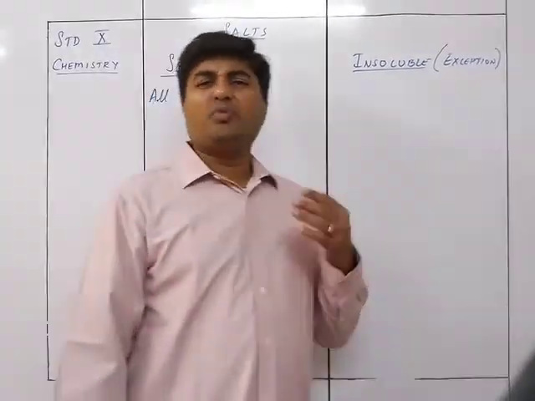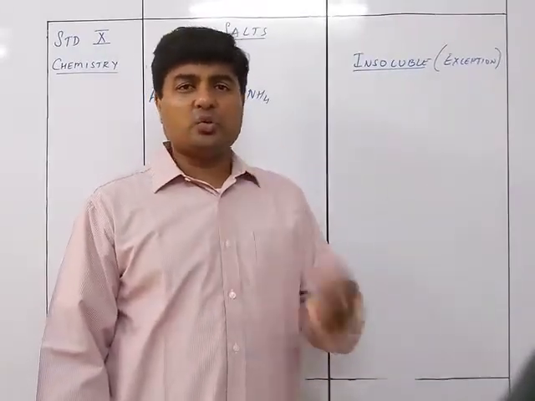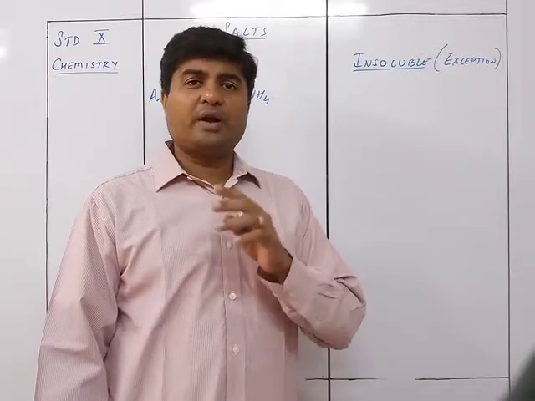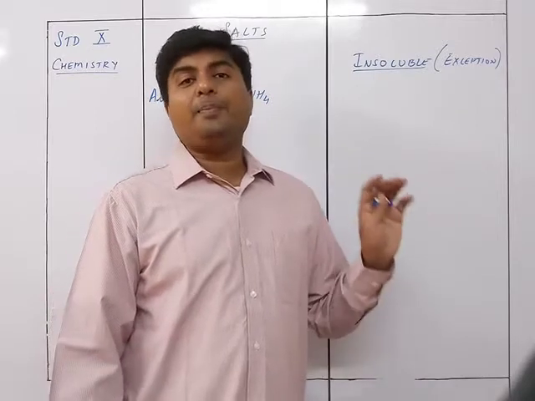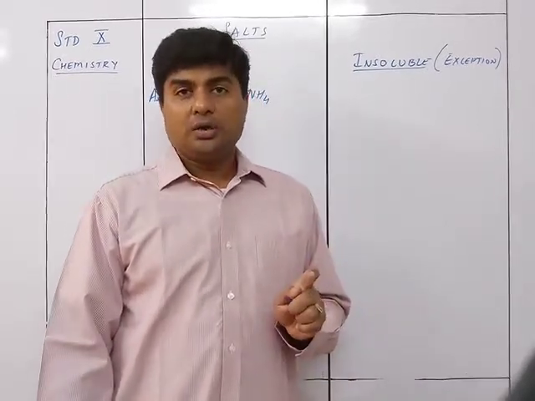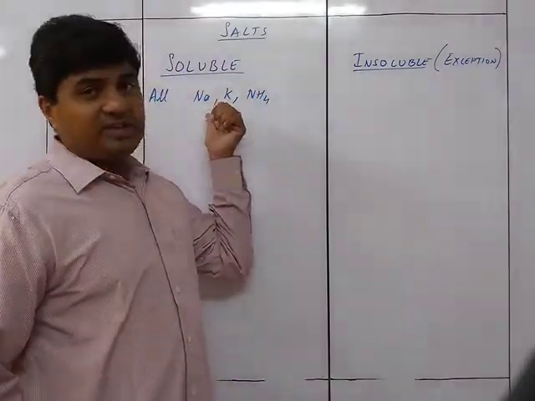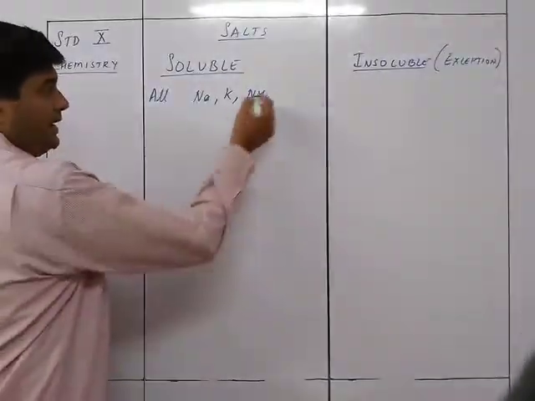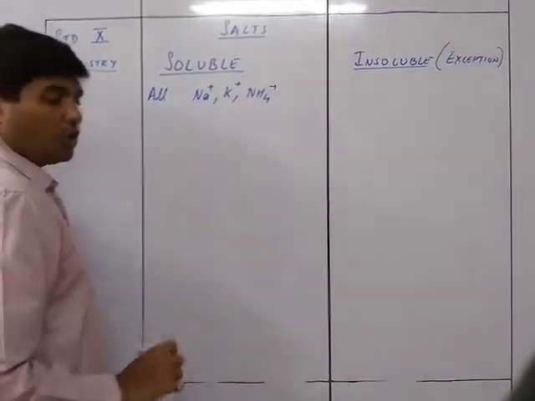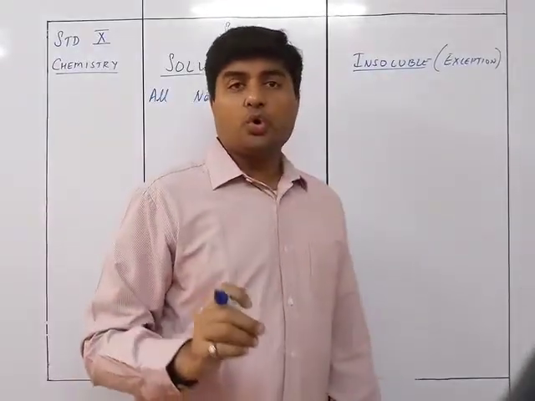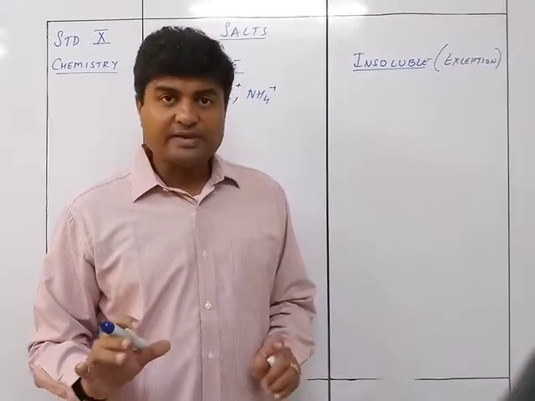Whether it is ammonium carbonate, sodium carbonate, sodium sulfate, sodium chloride, potassium sulfate, or potassium nitrate, any salt which has the metallic ion as potassium, sodium, or ammonium is soluble. That's the first thing.